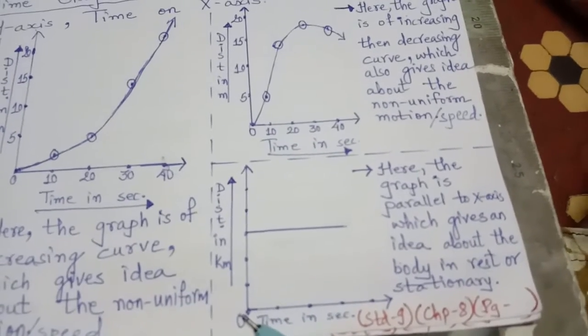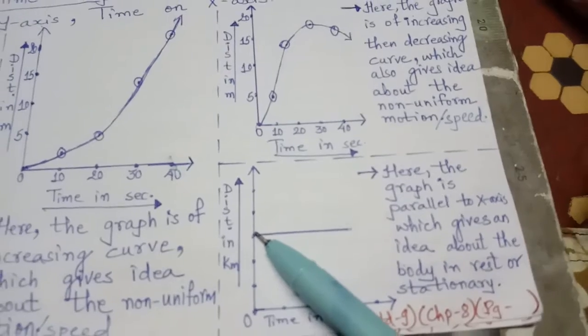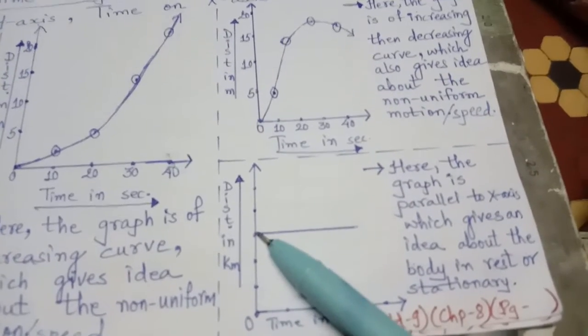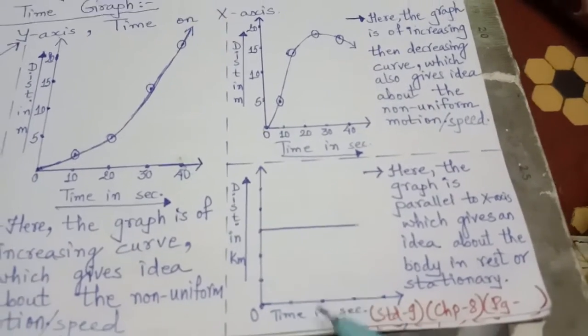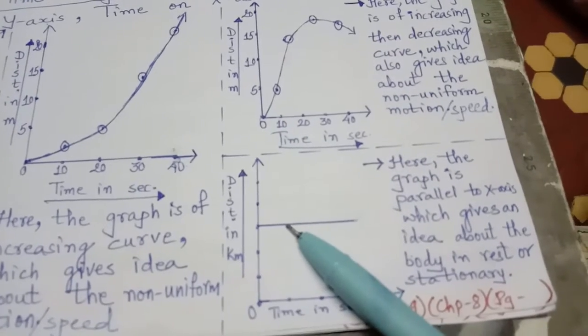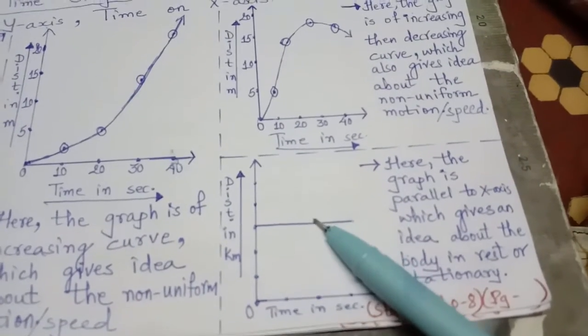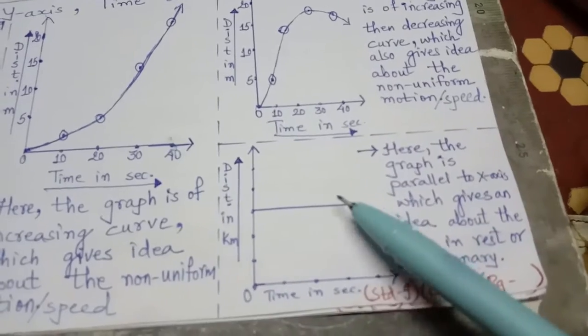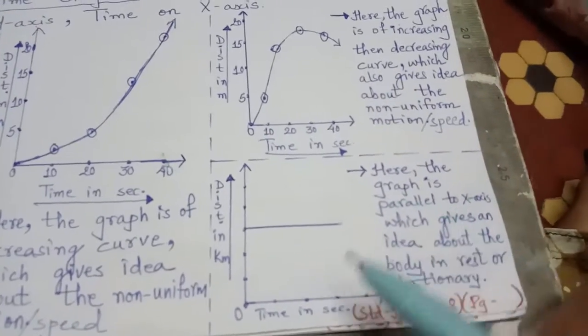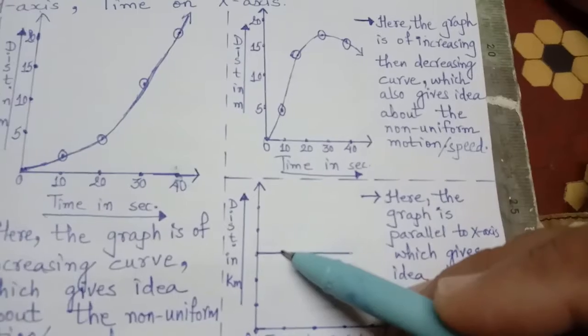At 0 the object is at 15 meter. At 10 seconds again 15 meter, here again 15 meter, here again 15 meter. What can we say? Because at each point it is there only.